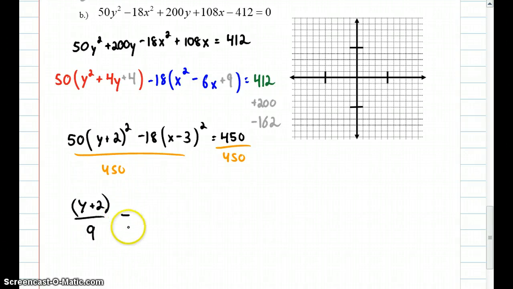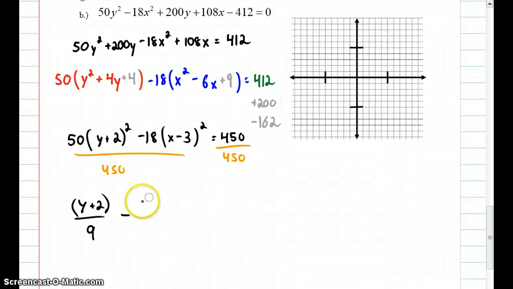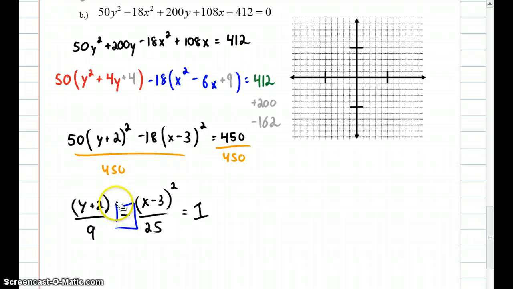Minus 18 goes into 450, 450 over 18 gives me a 25 in the denominator. This equals 1. This is my equation of the hyperbola. And you can see again, since I have a minus here, it is this hyperbola.